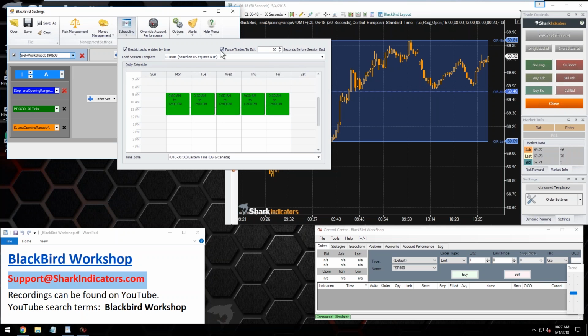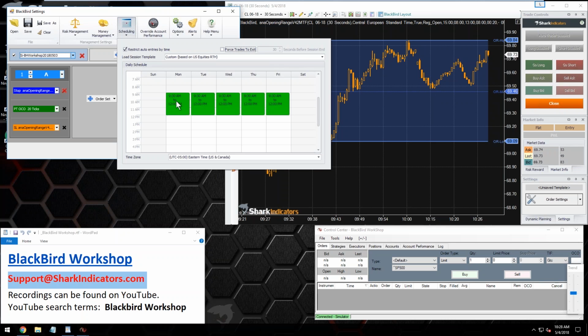And let's see. I'll turn off the forced trades to exit. You probably don't necessarily want to close your trade just at noon, right? You could get the opening range, and the position could get filled during this time block, but give it as long as necessary to play out, right?